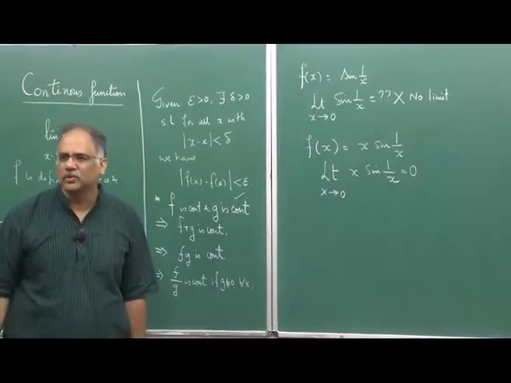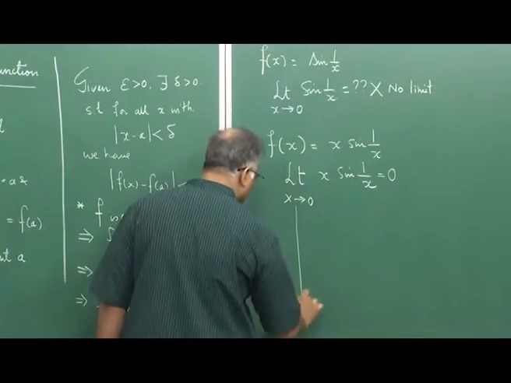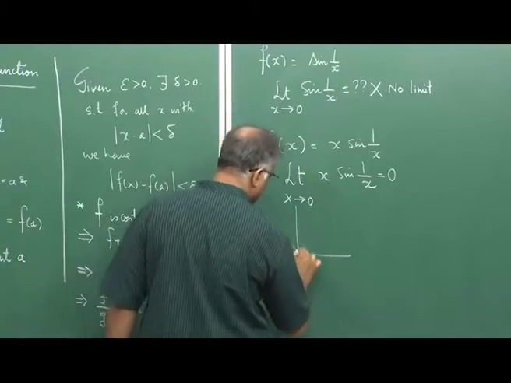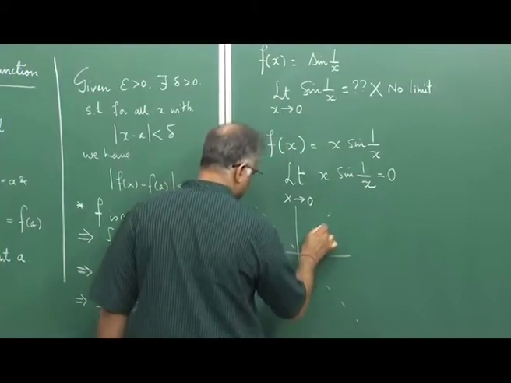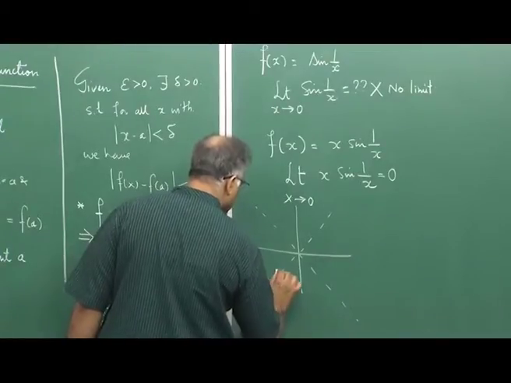That is what we had shown. If you remember the graph, I just want you to recollect it. Here we have drawn the lines y equal to x and y equal to minus x, and the graph essentially looks something like this.